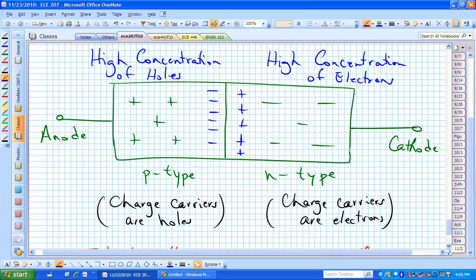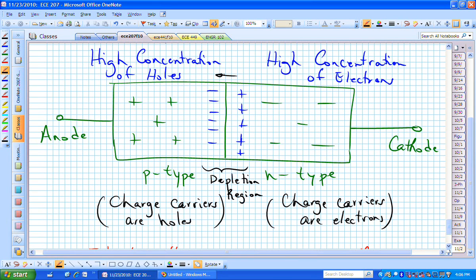This has now established what's called a depletion region.